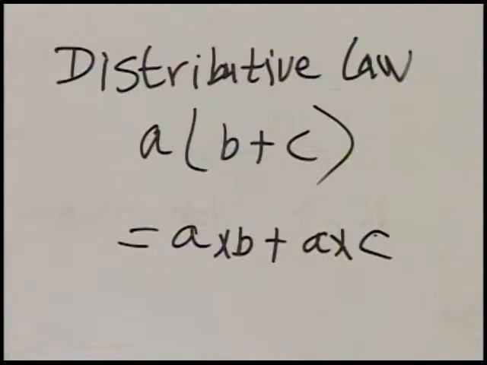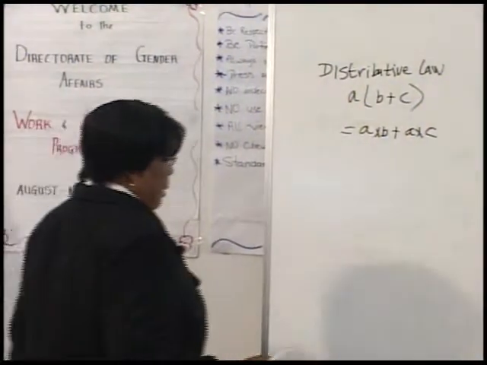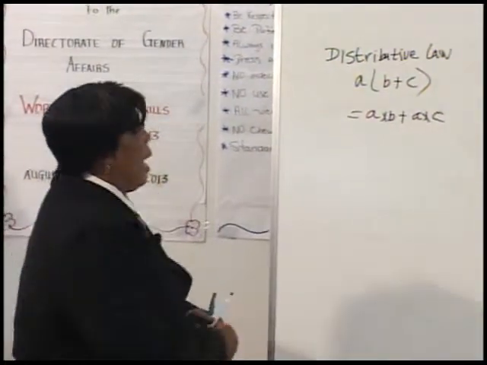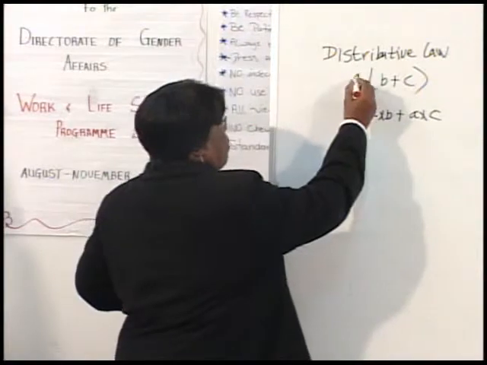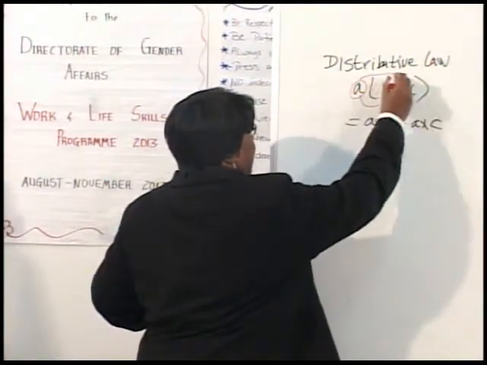So the English language is out, and I'm putting in a practical aspect right here. What it says is that if we have a number outside a bracket, that number must be multiplied by everything in the bracket. All right?